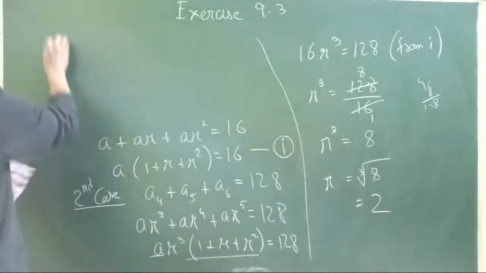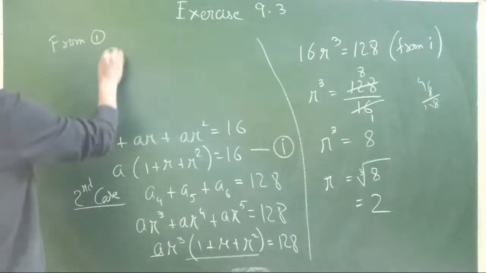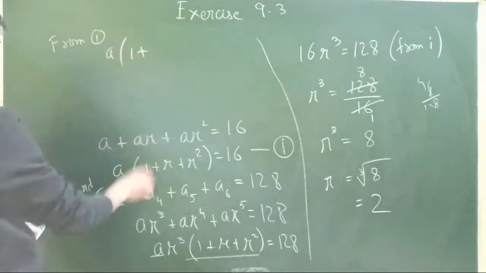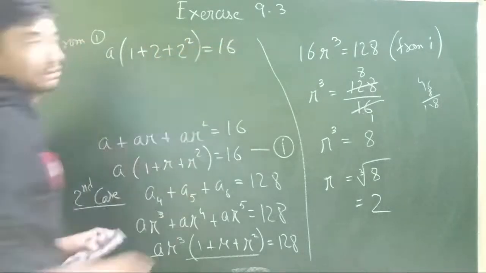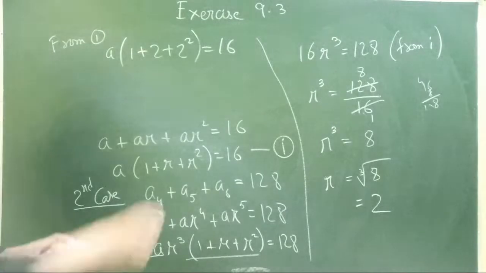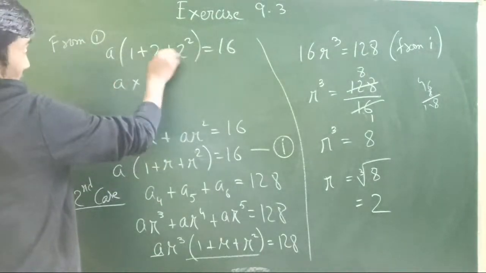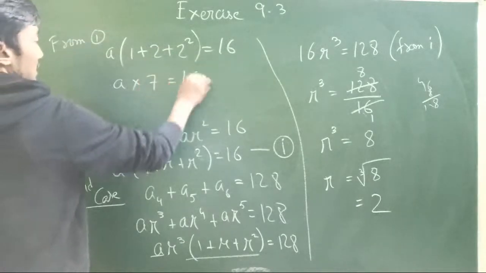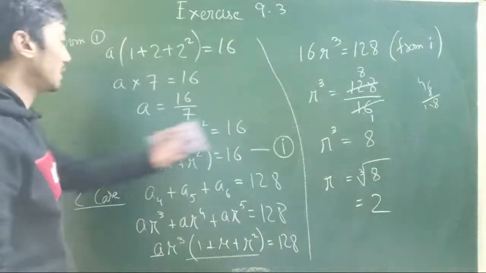So from 1, A into 1 plus 2 plus 2 square is equal to 16. So A into 7 is equal to 16. So the value of A, the first term, is 16 by 7.